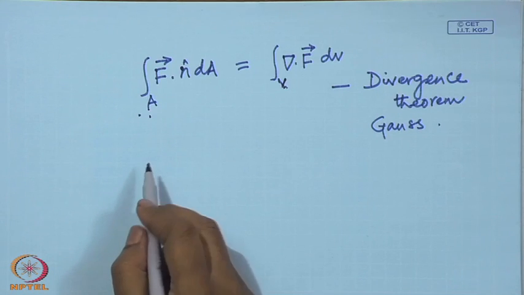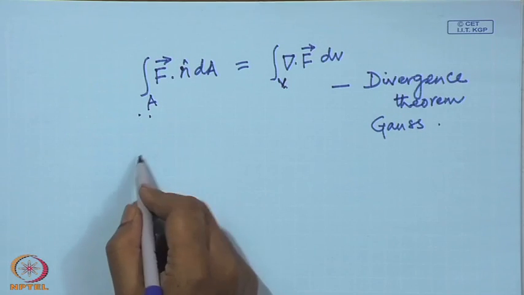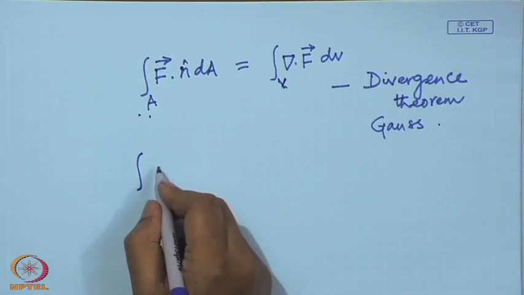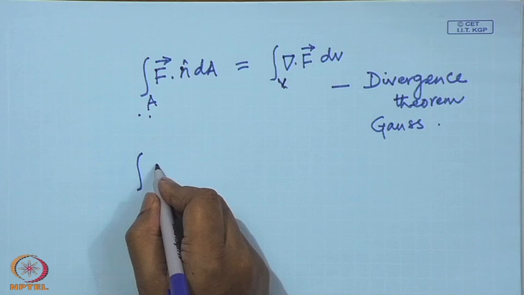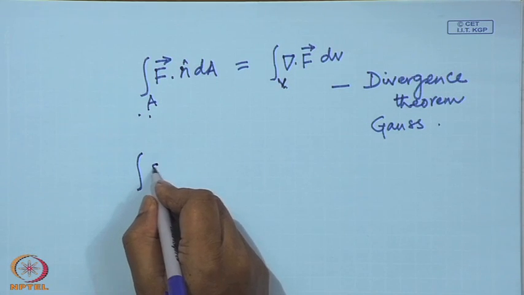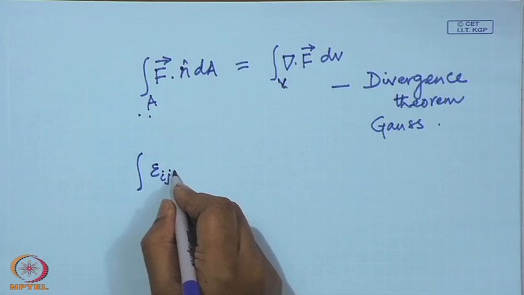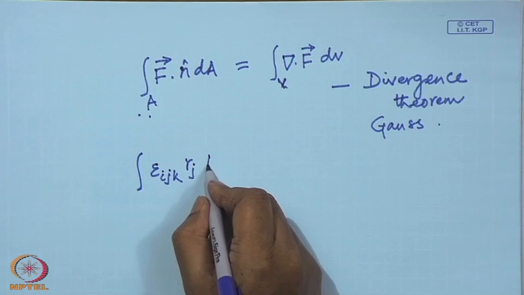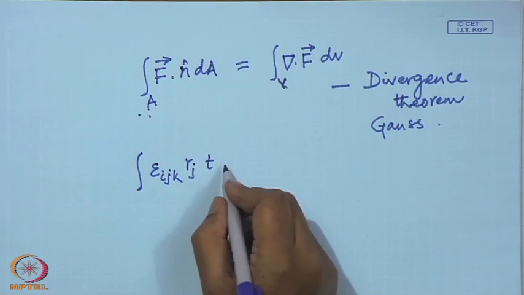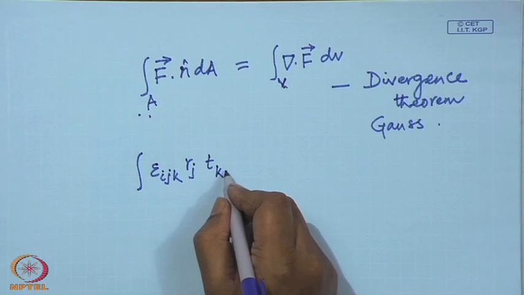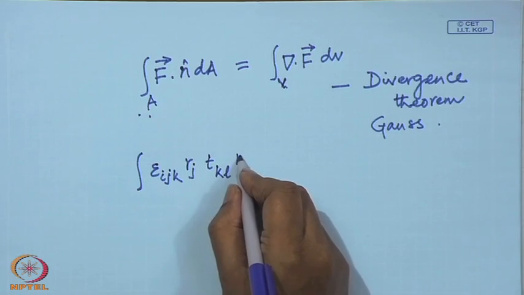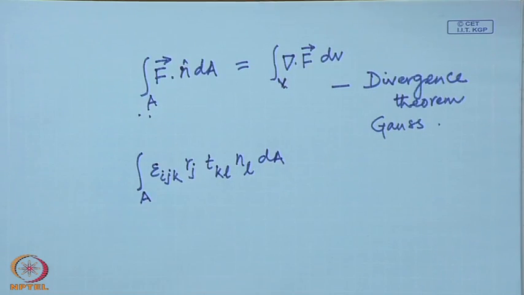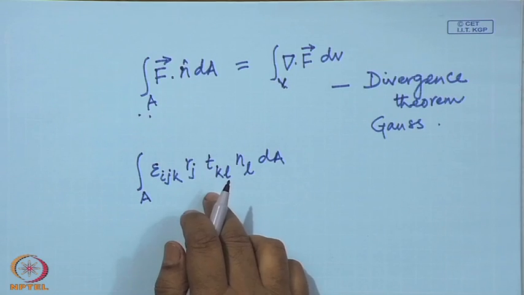Now, the surface forces were, if you remember, look back to your last class note, the surface force, please correct me if I am not using the notations as it was in the last class, epsilon I j k r j T k L N L d A integrated over the surface. This part is all right.